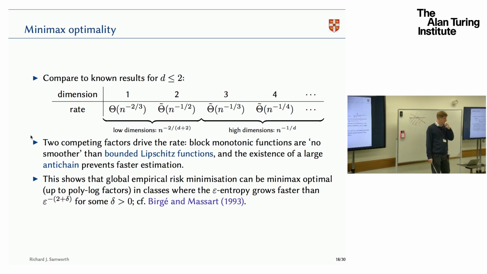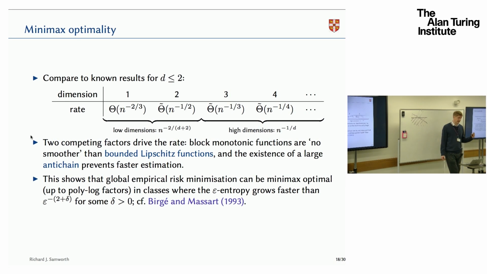And so people have taken those results, which are really a counterexample in some sense, and generalized them to the conclusion that you shouldn't use global empirical risk minimizers as soon as the entropy integral diverges at this rate. Are people familiar with entropy integrals? Yeah.